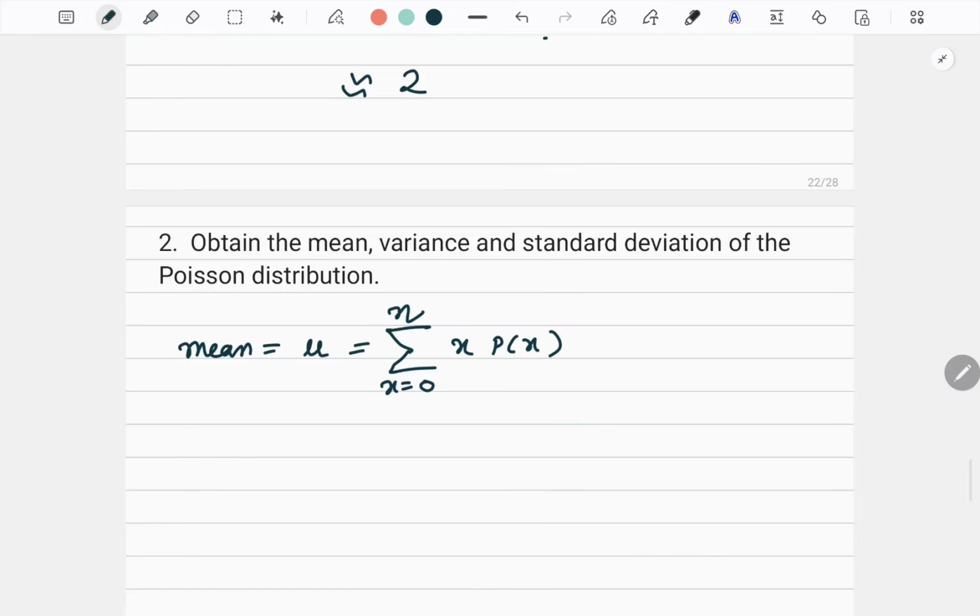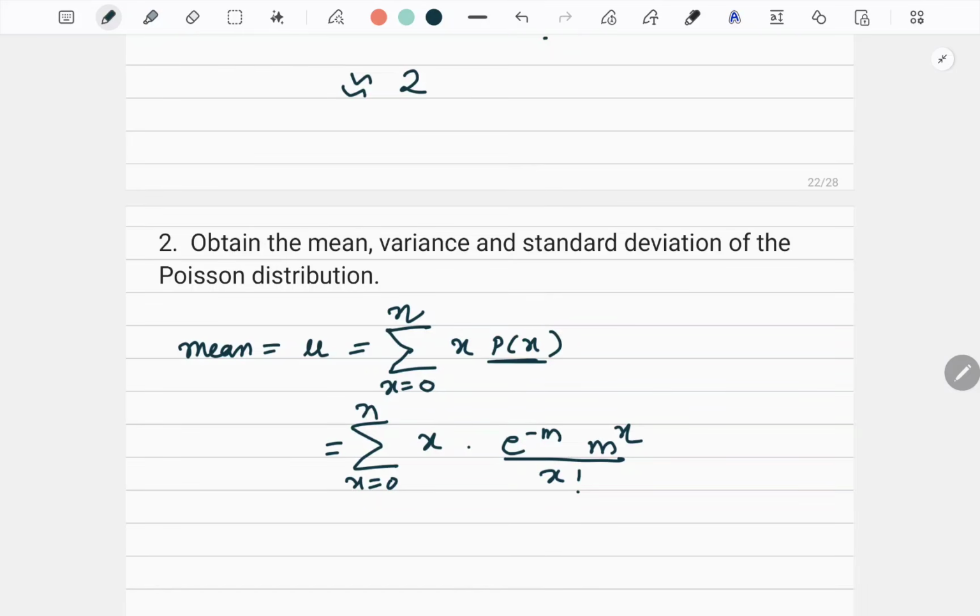Now, when I was doing binomial, in place of p(x), I substituted the value of the binomial distribution. Now since I am doing the Poisson distribution, I should substitute the value of the probability distribution for Poisson. So what is the formula? e to the power minus m, m to the power x upon x factorial. Right?